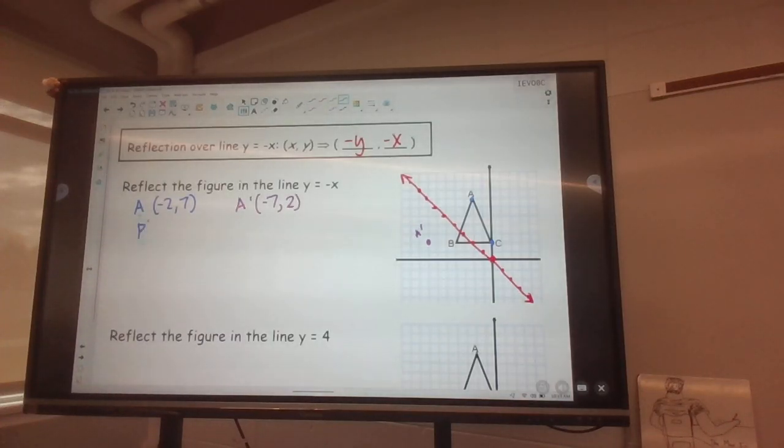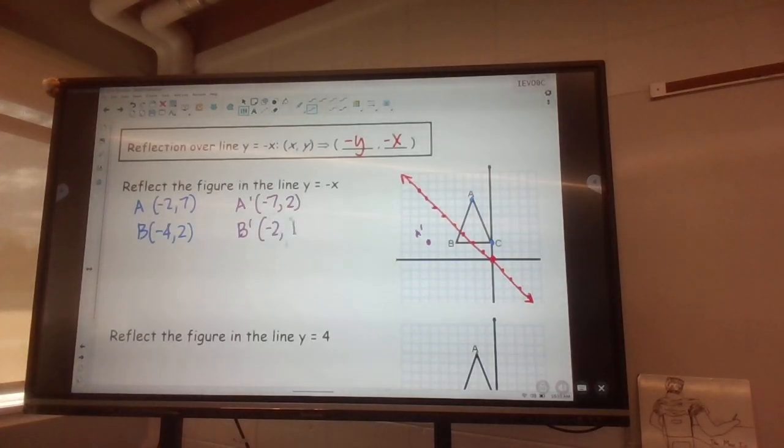Our b was -4, 2. So flip them and change the sign. And then our C is 0, 2.